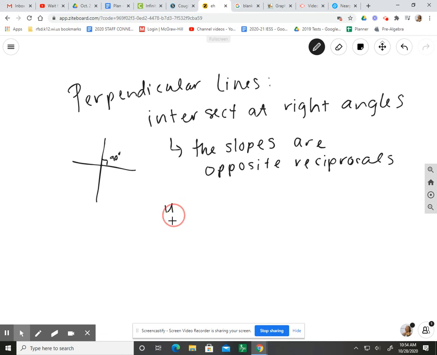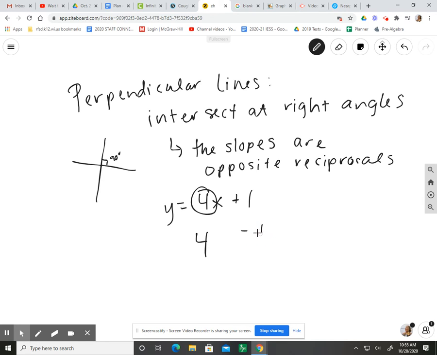So if I have the line y equals 4x plus 1, a line that is perpendicular to this line has a slope of the opposite reciprocal. This line has a slope of 4. The opposite reciprocal of 4 is the negative flip.